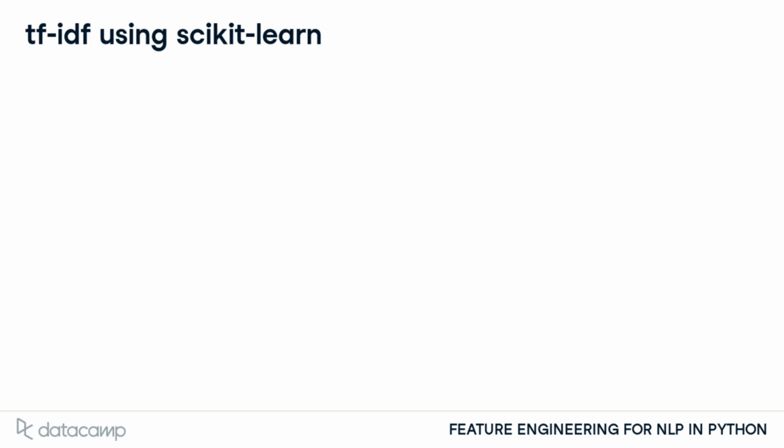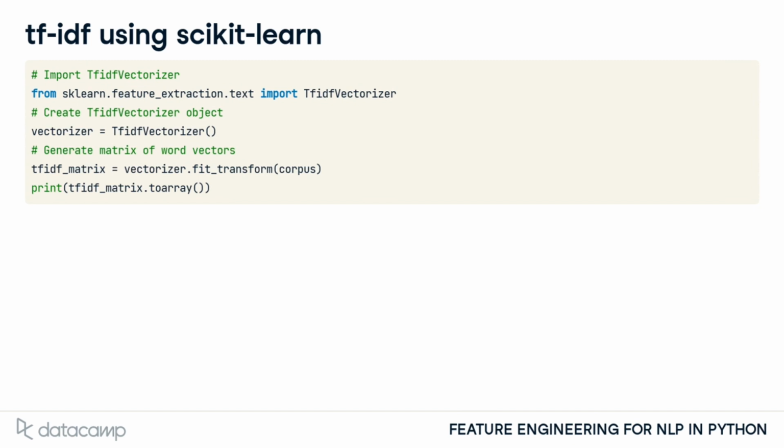Generating vectors that use TF-IDF weighting is almost identical to what we have already done so far. Instead of using CountVectorizer, we use the TfidfVectorizer class of scikit-learn. The parameters and methods it has are almost identical to CountVectorizer.